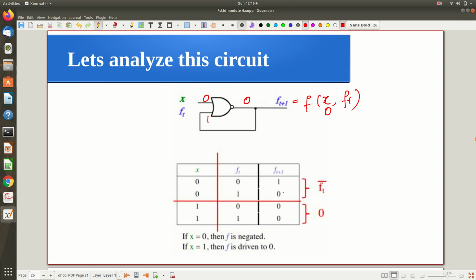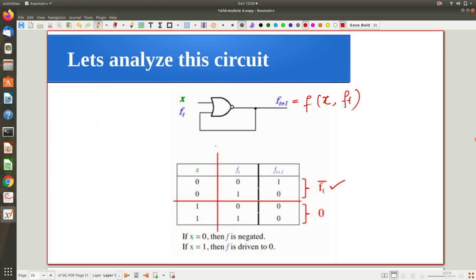So the output is found to be 0 in this case. So you can see that when the previous output is 0, the present output is 1, and when the previous output is 1, the present output is 0. That means you are getting the present output f(t+1) as the complement of the previous output.